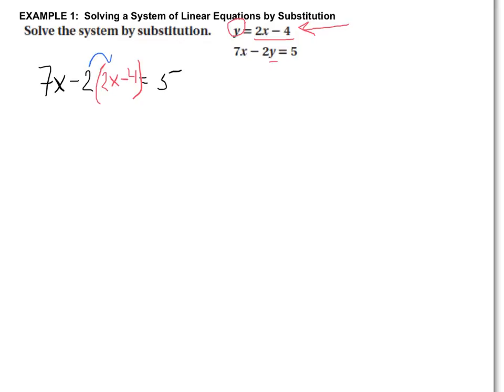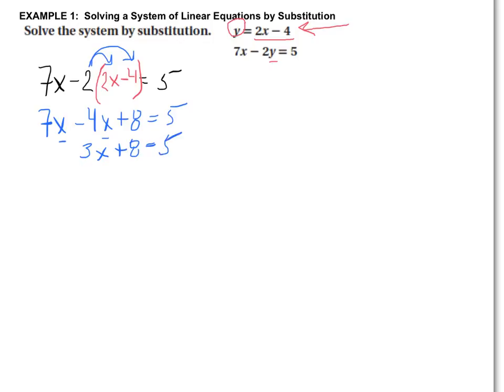So the very first step is going to be to take care of our distributive property. So we get 7x minus 4x, negative 2 times negative 4 is a plus 8, equals 5. I can combine x's with x's to get 3x plus 8 equals 5.